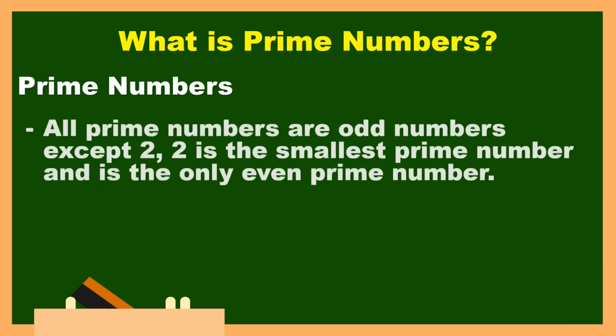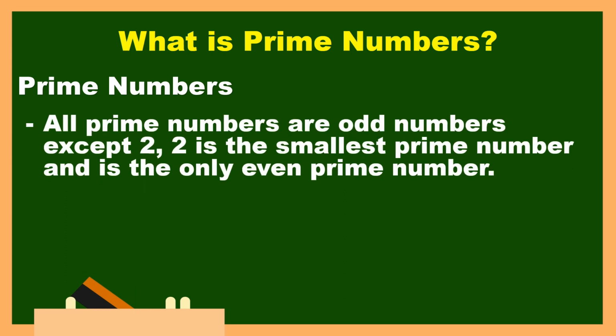All prime numbers are odd numbers except 2, since 2 is the smallest prime number and is the only even prime number. Lahat ng prime numbers daw ay odd numbers, maliban na lamang kay 2, since ang 2 ang pinakamaliit na prime number at ang tanging even prime number.